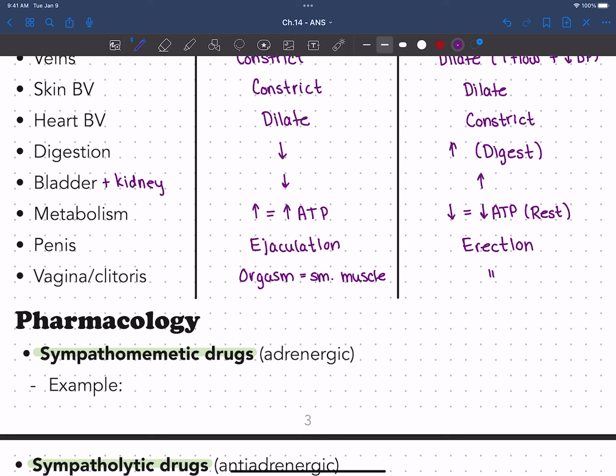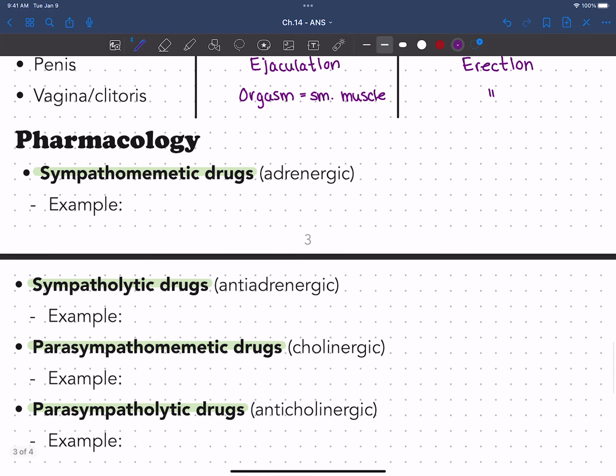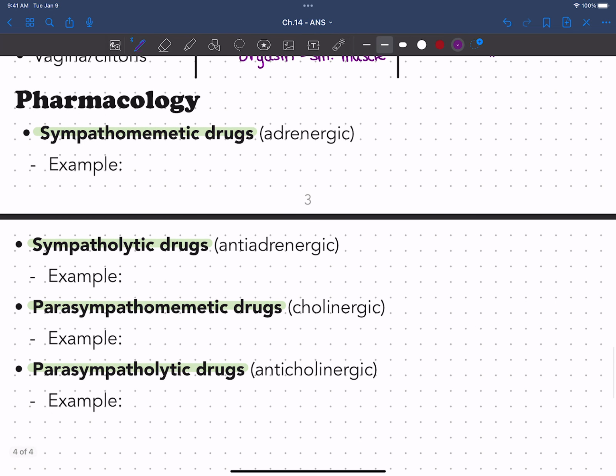All right, so how can we use what we know about the neurotransmitters that are involved with these different branches of the nervous system and the effects of the two branches to help treat various issues that you might see in a clinical setting? Okay, all right, and so we can classify these different types of drugs as either enhancing the response of the autonomic nervous system or blocking or inhibiting it.